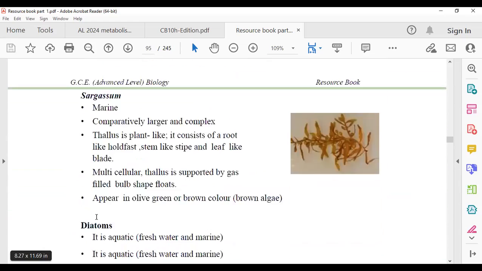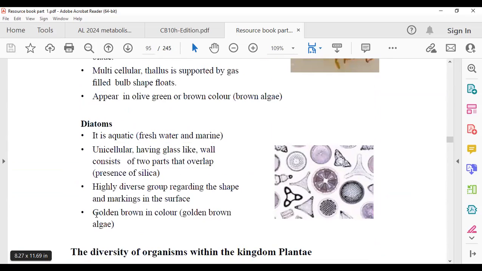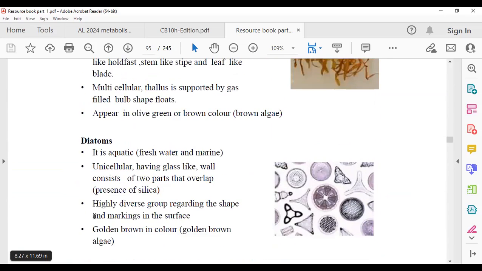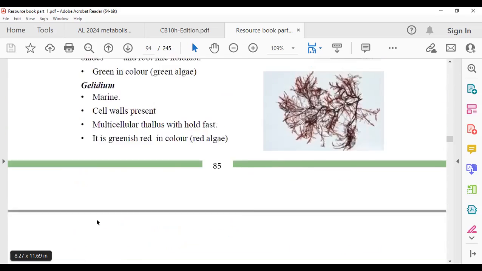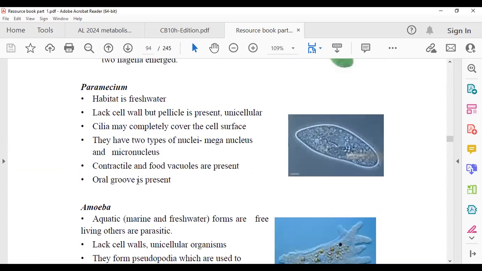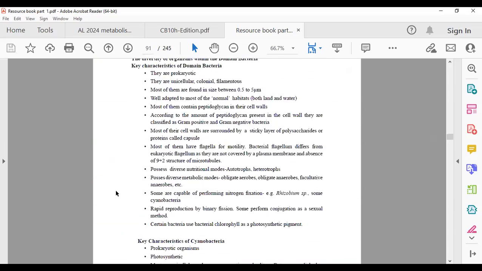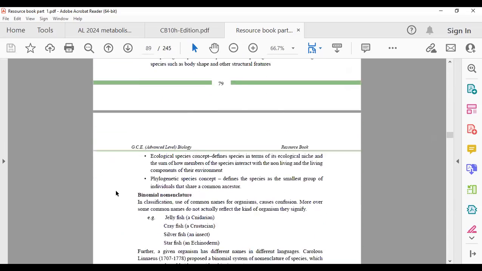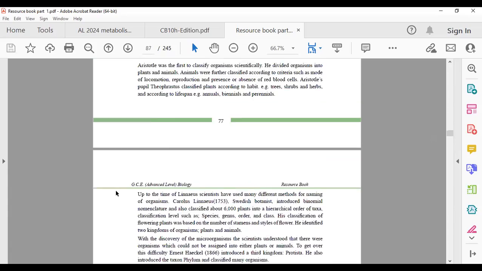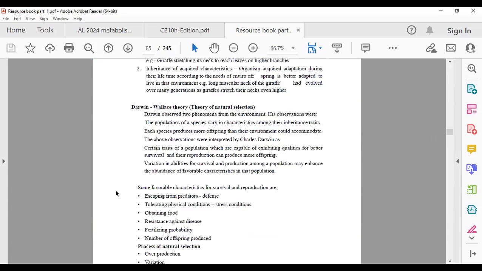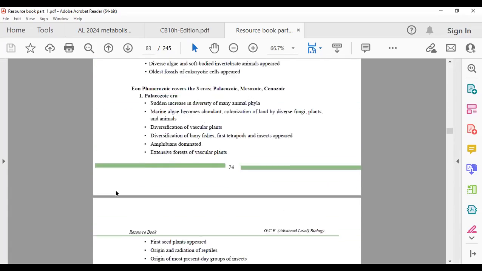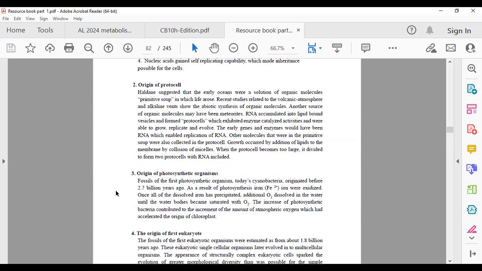How much to cover? Kingdom Protista of unit number 3. We are now in the place. Now you have first term examination in March. FWC examination. Understood?